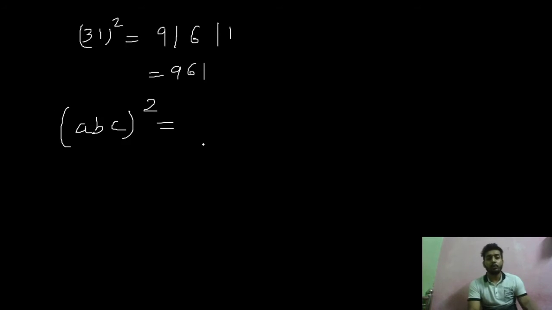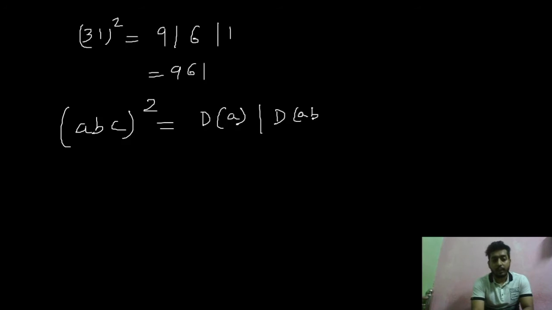Then the square of the number will be d of A slash d of AB slash d of ABC slash d of BC slash d of C.